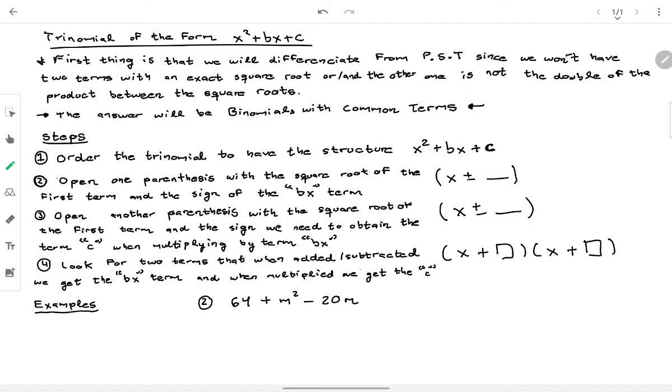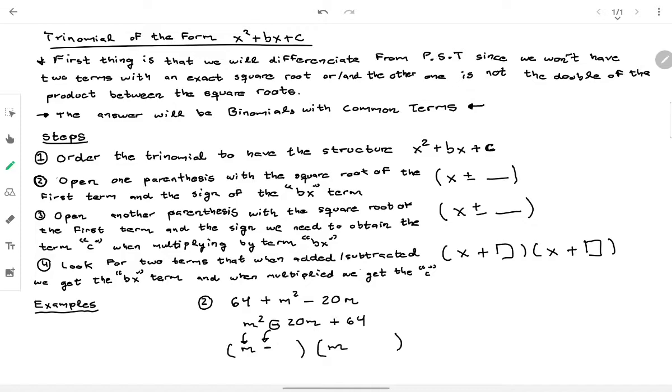In the second exercise, we will get something like this, 64 plus m squared minus 20m. So we need to order it: m squared minus 20m plus 64. Then I will open up two parentheses. Remember, the square root will be on the two parentheses, then on the first parenthesis, I will put the same sign as the bx term.